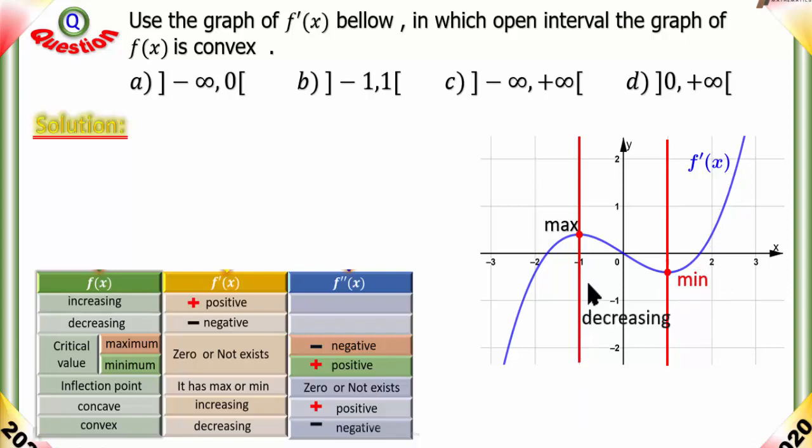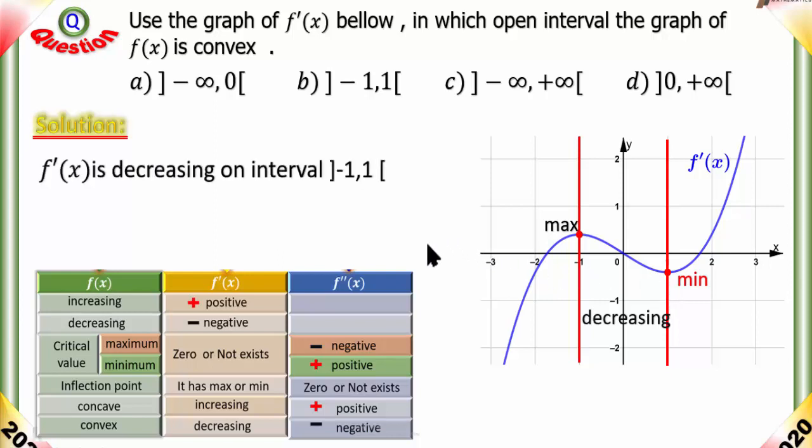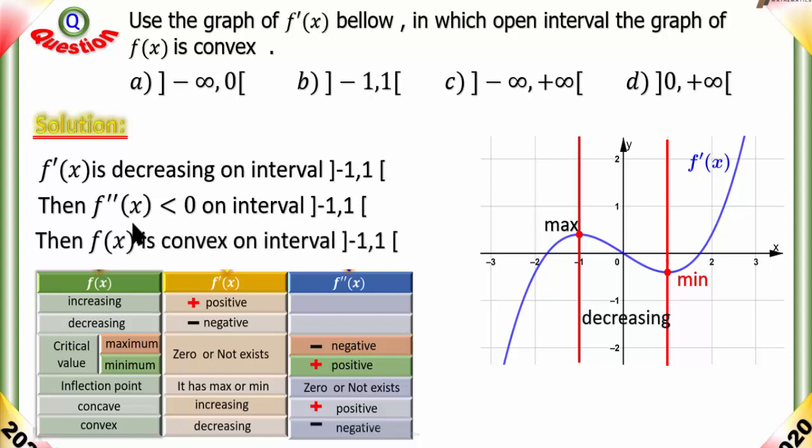So the decreasing interval is from minus 1 to 1. Because f prime is decreasing, the second derivative is negative on the interval minus 1, 1, so f of x is convex on minus 1, 1.